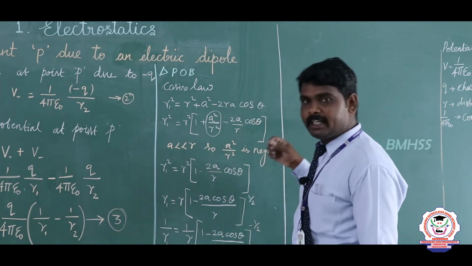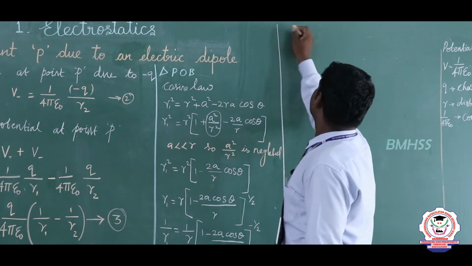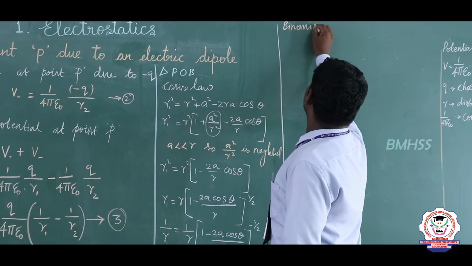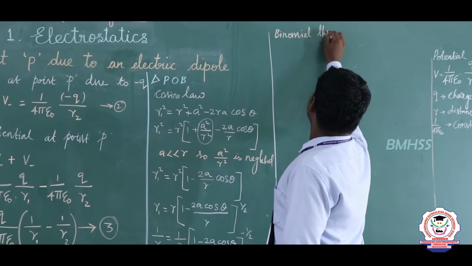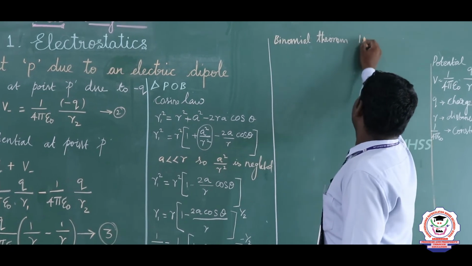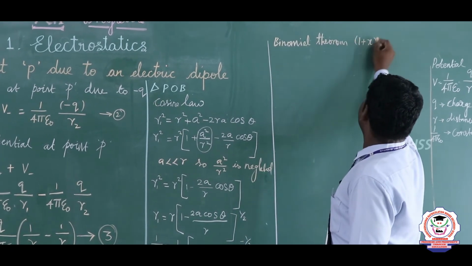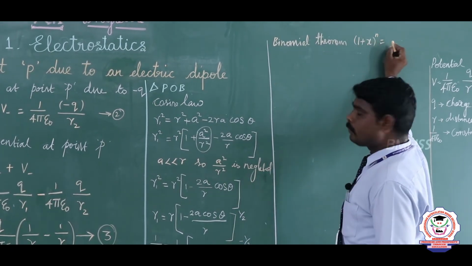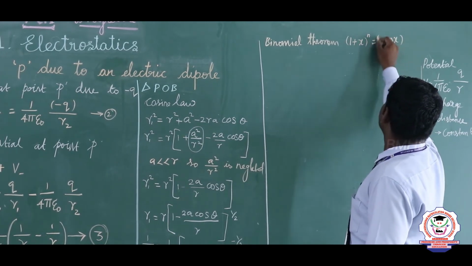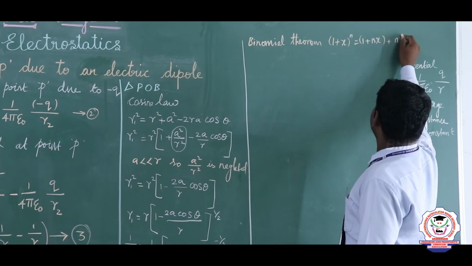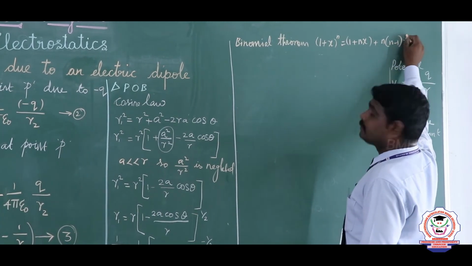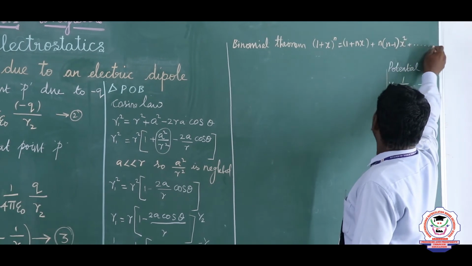So what is the binomial theorem? 1 plus x whole power n is equal to 1 plus nx, then plus n into n minus 1 into x square plus so on.